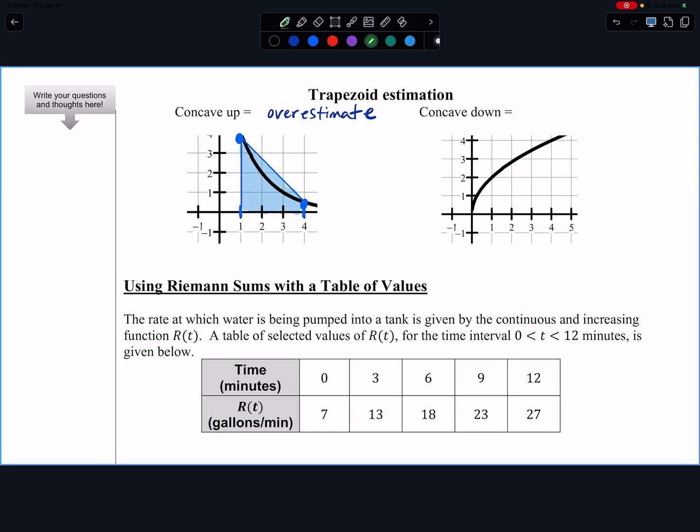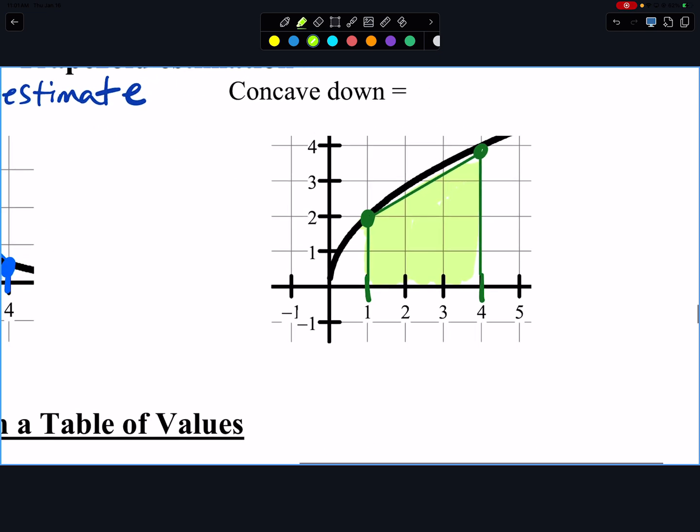And if we know the function's concave down, do you see how there's still this part of the area that we didn't get?